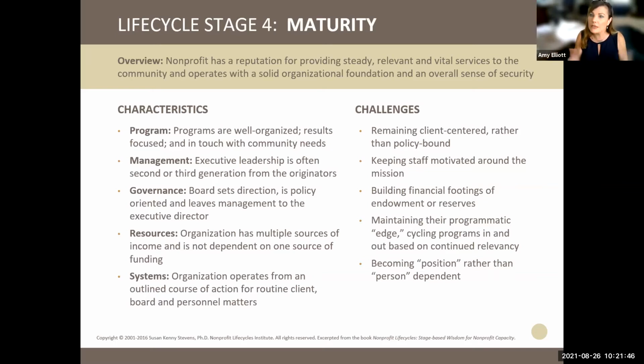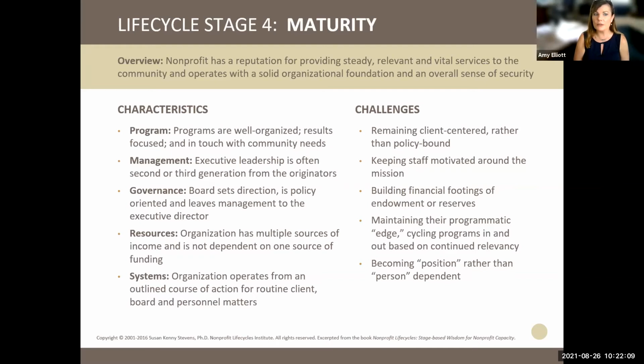And there's a solid organizational foundation. There are table legs. There are 4 table legs under that. And you feel like you're going to stay in business for a while. So characteristics are programs that are well organized and results focused and in touch with community needs. Right? That is where you want to be.